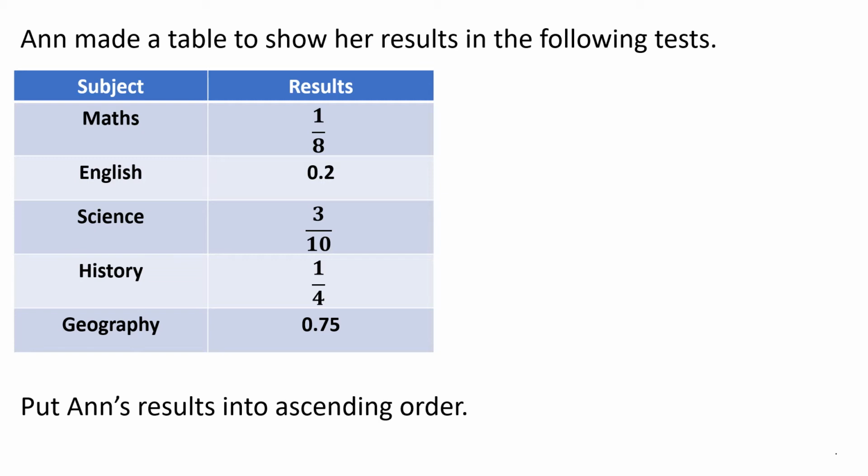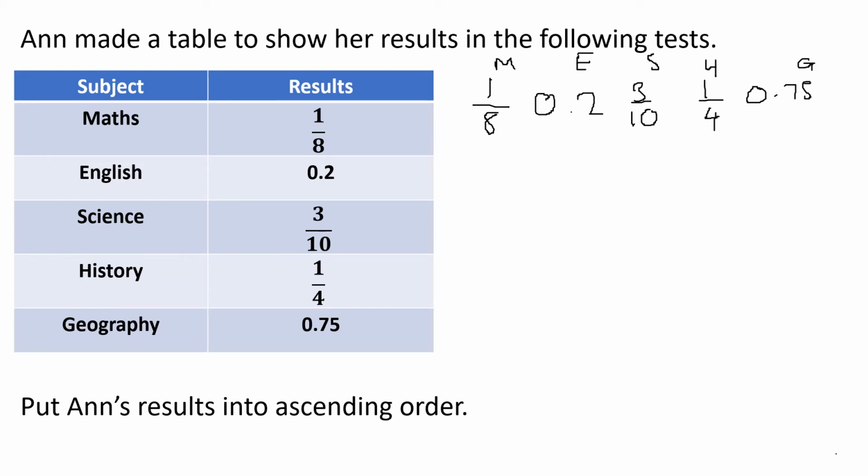So our first one, I'm just going to rewrite them. So we've got maths as an 8th, English, so I'm just going to label them as well, maths, English, science, history, and geography.